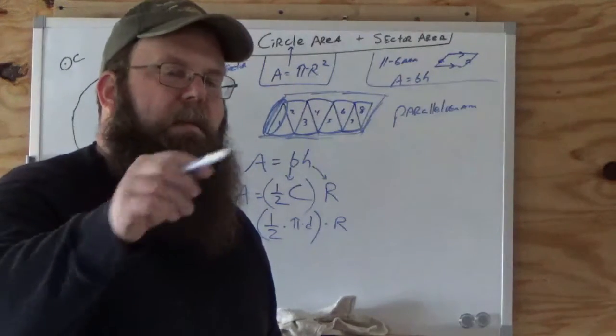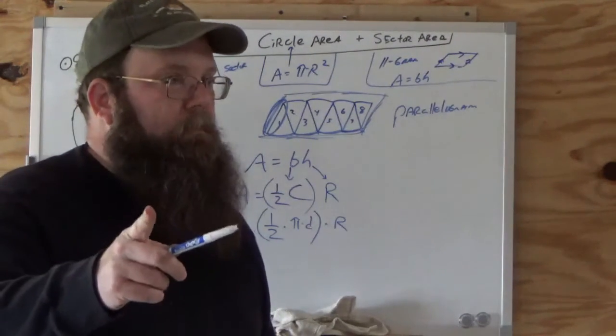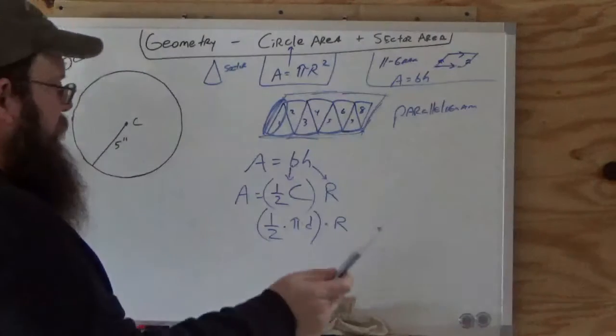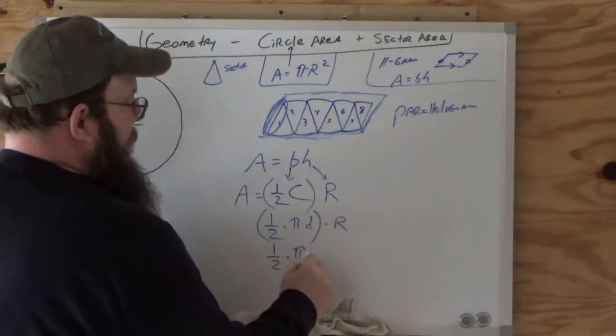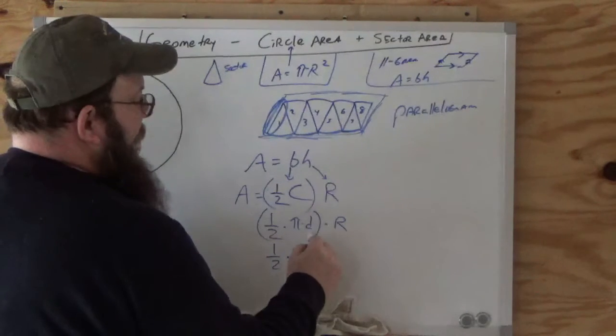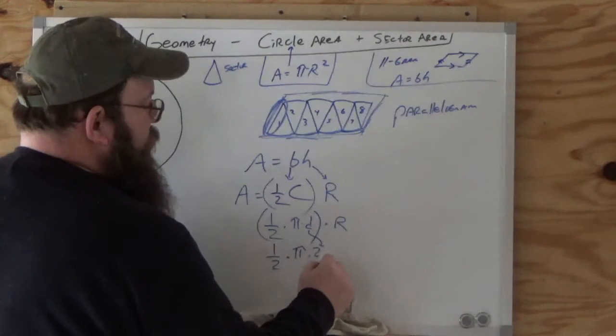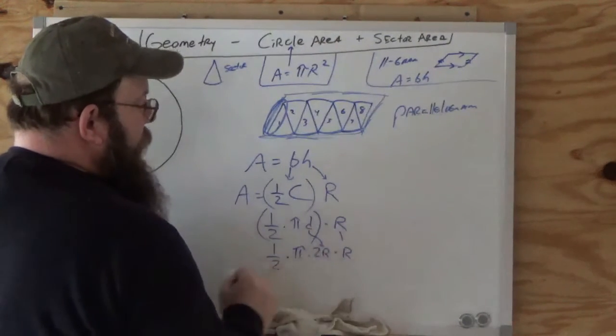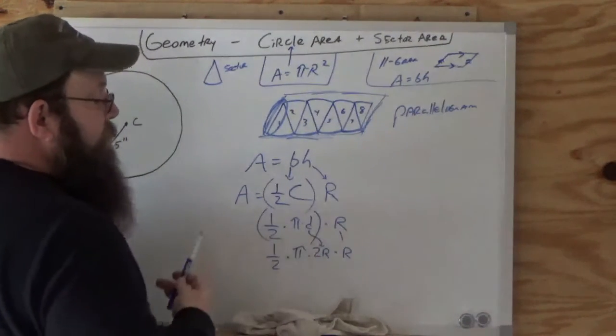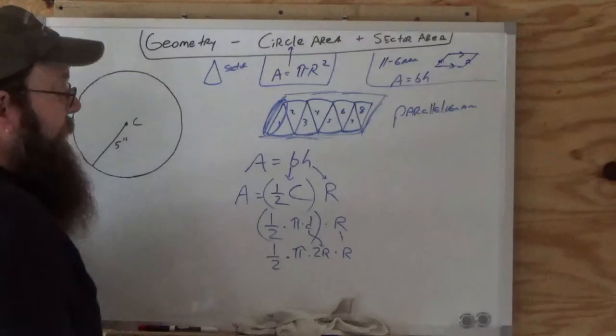How many radii make a diameter? You should be able to answer that. It's 2. So 1/2 times pi times diameter is now 1/2 times pi times 2r, times this r out here. Okay, I'm taking my parentheses away because now I want to simplify all this.